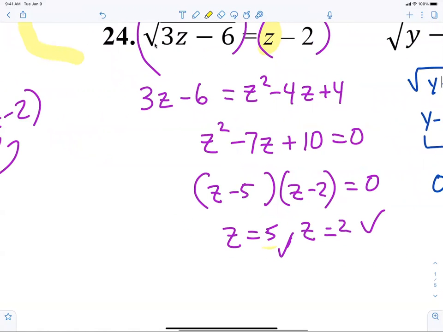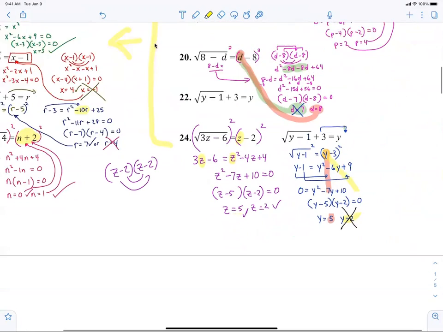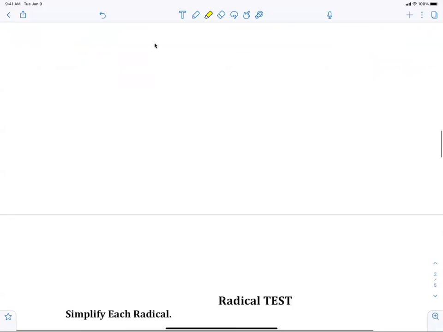That's why when you make a Z, you put a little mark between it.